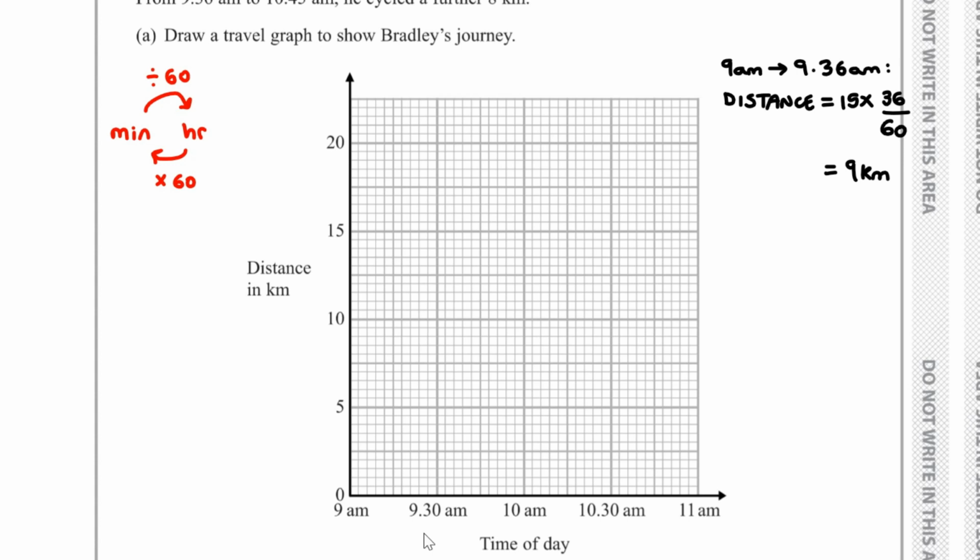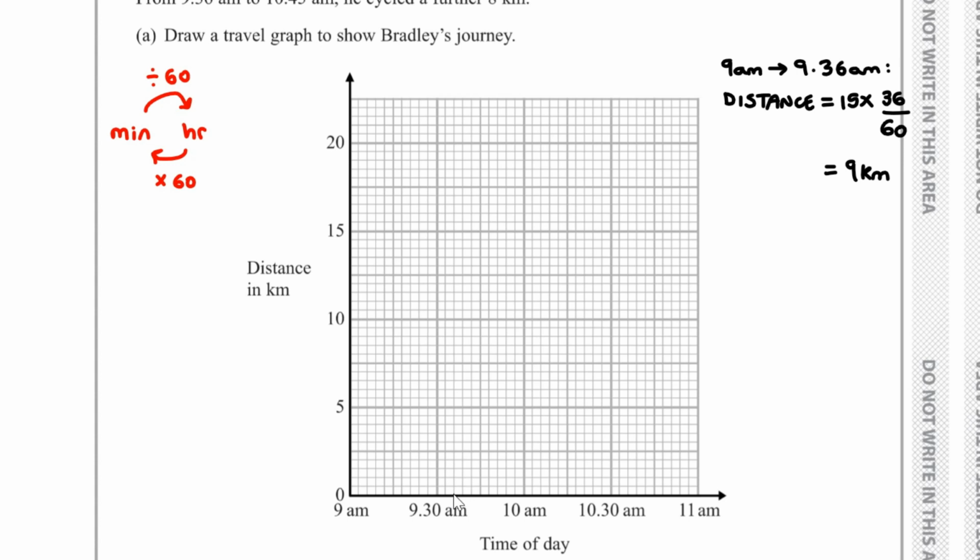So let's show this. Well, here you can see for our time axis, halfway between 9 AM and 9:30, that's going to be 9:15. Halfway between 9:30 and 10 AM, that's going to be 9:45, we want 9:36. So here 15 minutes is represented by 5 little squares. So 1 little square is 3, so 2 will be 6.